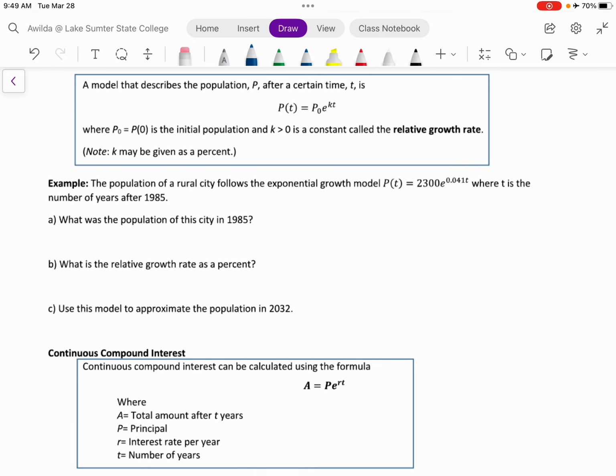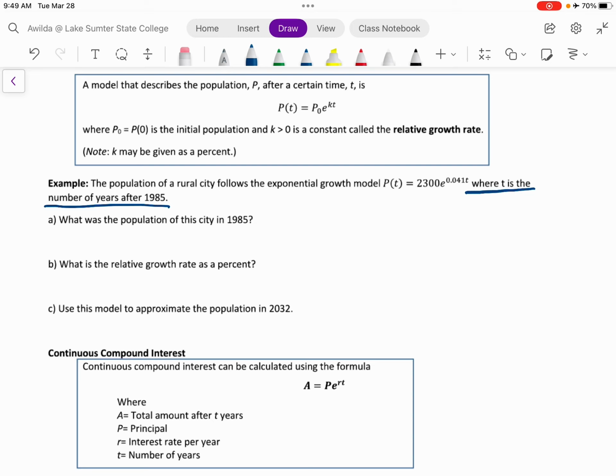Let's use this formula to answer the following example. The population of a rural city follows the exponential growth model. P of T is equal to 2,300 times E to the 0.041 times T power, where T is the number of years after 1985. I'm going to underline that because that's going to be super important. T counts the number of years since the year 1985.